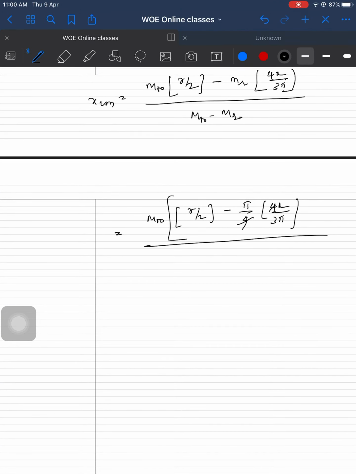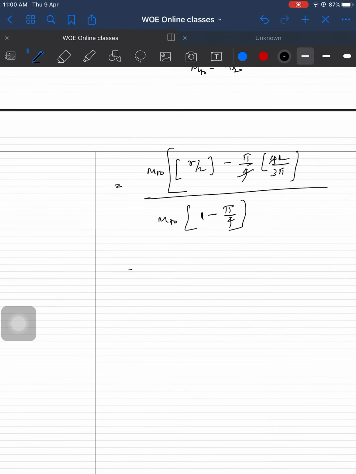Taking out the common factor, 1 minus pi by 4. Now m total gets cancelled, and pi also gets cancelled.